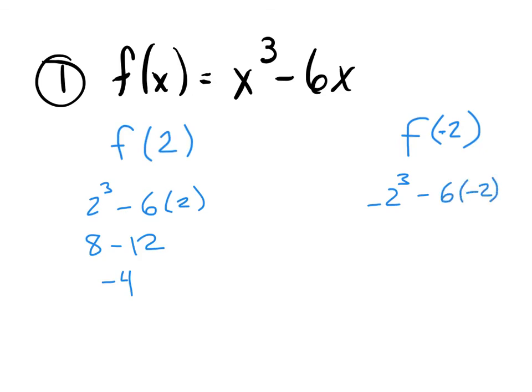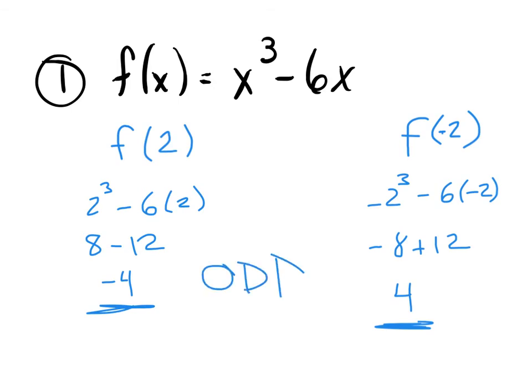Negative 2 cubed is negative 8. And negative 6 times negative 2 is positive 12. Negative 8 plus 12 is positive 4. So since we got opposites here, we got negative 4 and a positive 4, that means that this is an odd function.